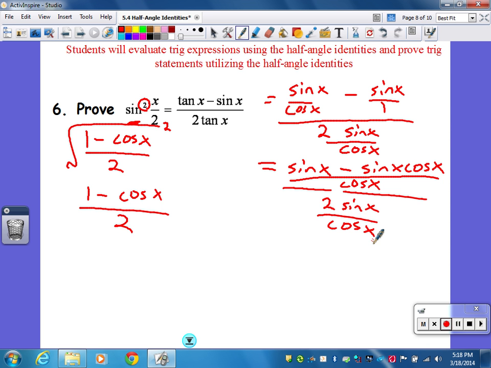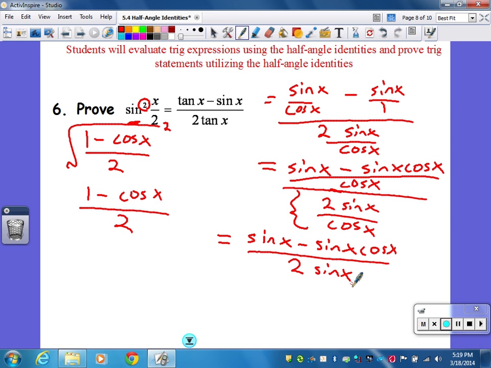Well, we know that if we divide this term, it's just like multiplying by the reciprocal, and we end up getting sine x minus sine x times cosine x all over 2 sine x.